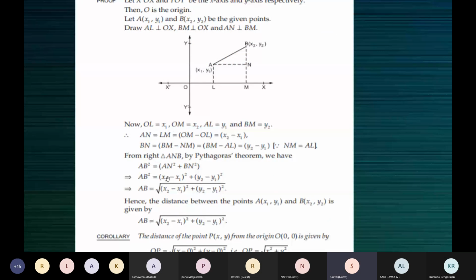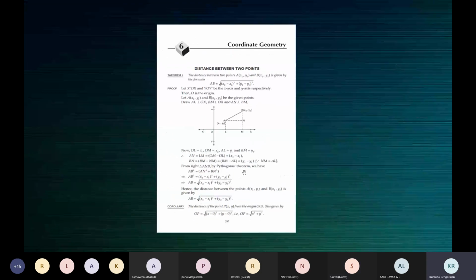AB is equal to root of x2 minus x1 the whole square plus y2 minus y1 the whole square. So AB square is equal to x2 minus x1 the whole square plus y2 minus y1 the whole square. Have you got this? Now apply this here.